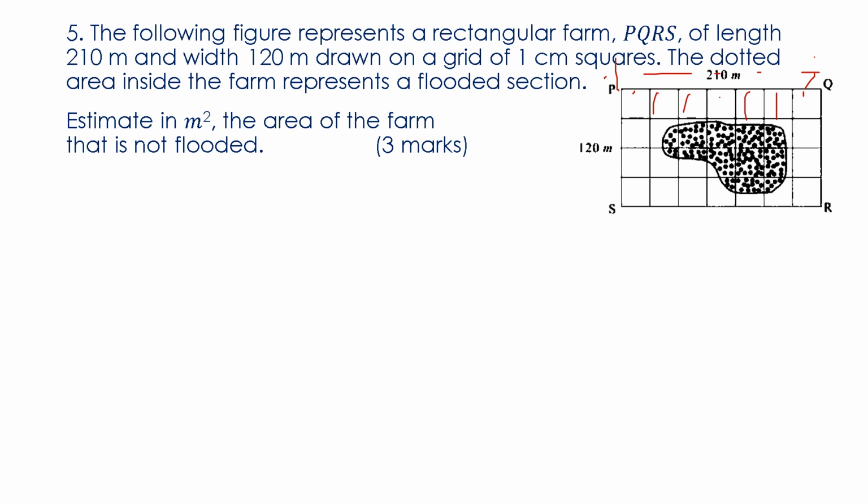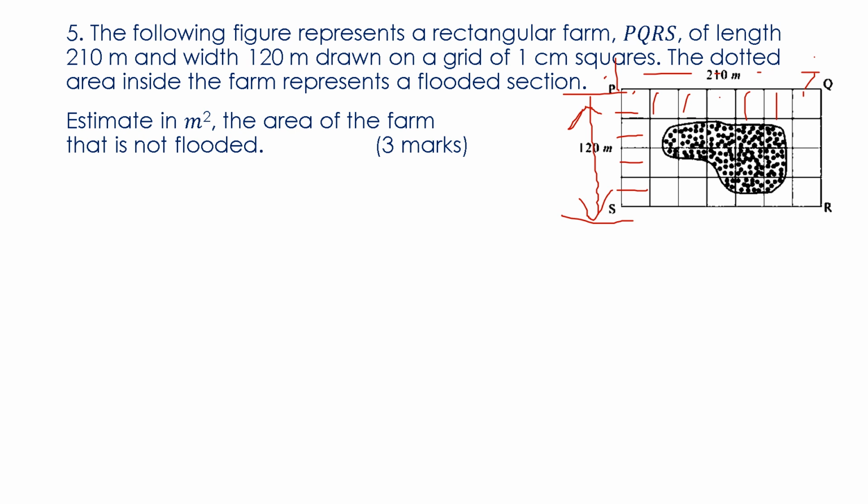We can also confirm that by the width side, which is 120 meters actual size, but on the grid it is only 1, 2, 3, 4 squares, that is 4 centimeters. So what is the length of each square on the actual field?